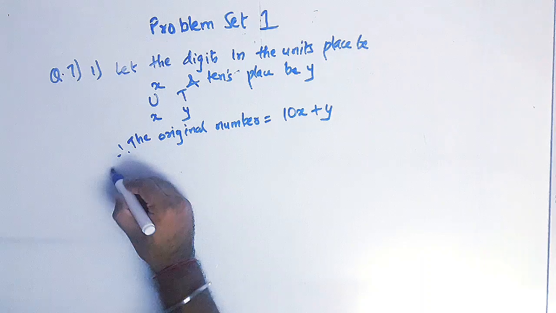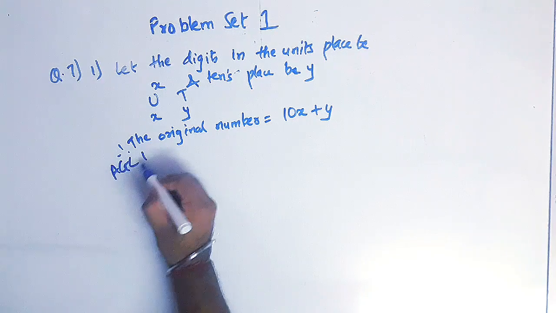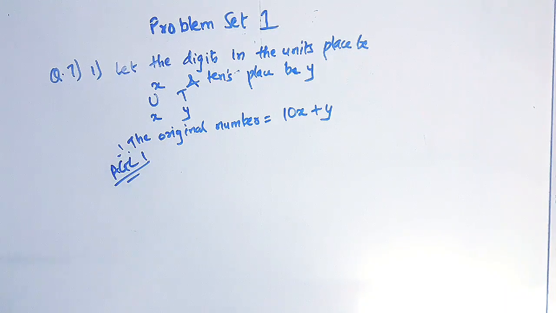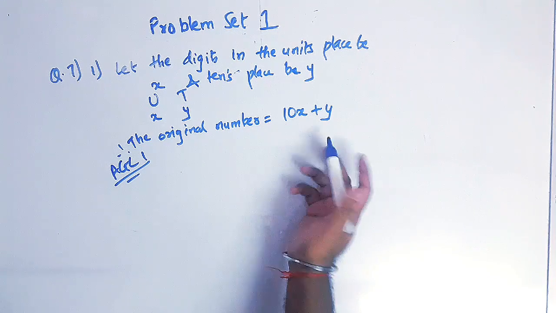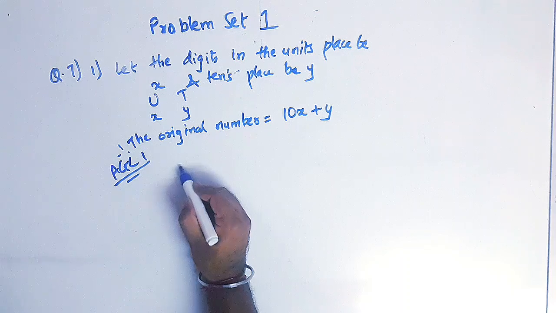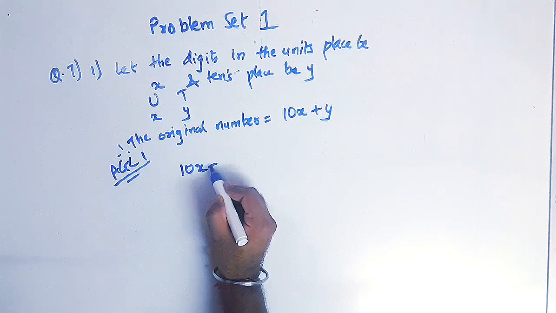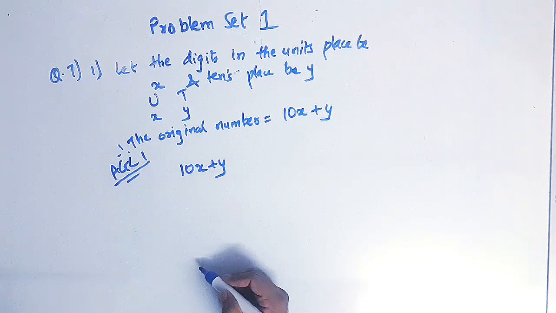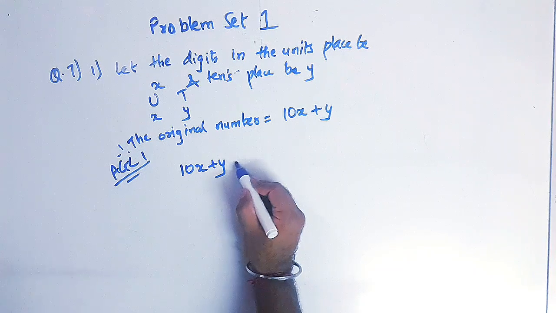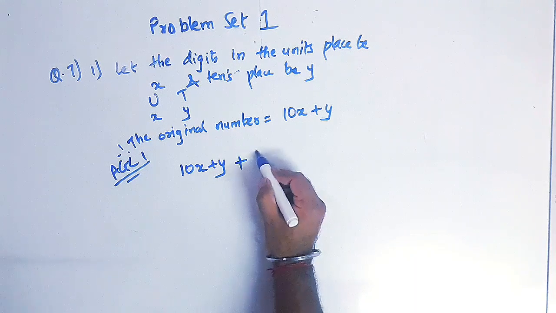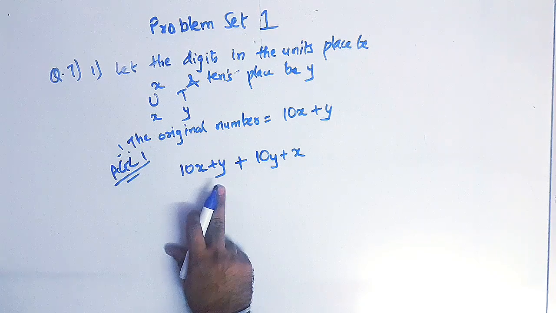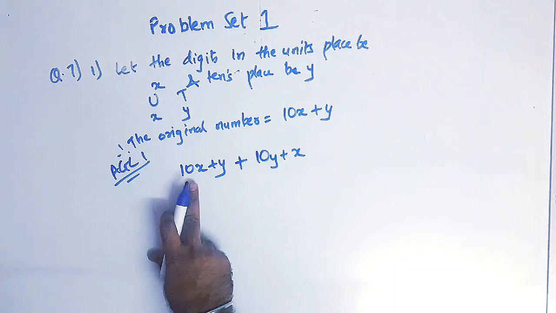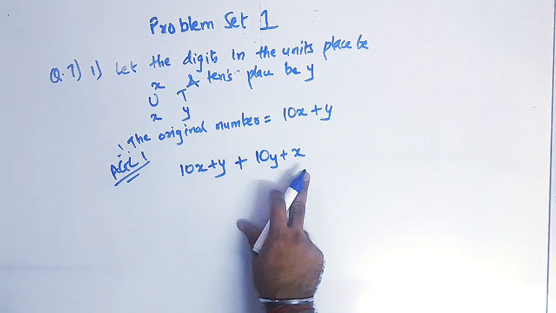Now according to given condition 1, what they have given: if the digits of the 2-digit number are interchanged, then their sum. The digits are interchanged means this y will come in the tens place and x will come in the ones place.